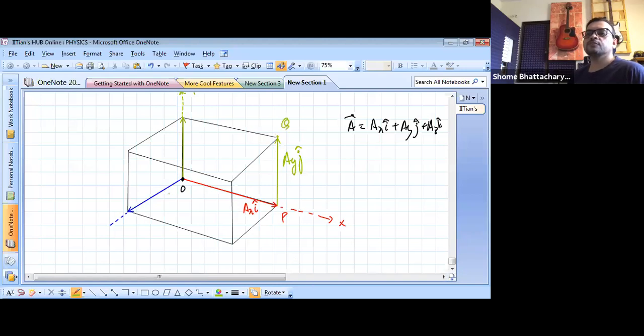And then from Q, I have to make a displacement along the z-axis of Az. So I have to make a displacement which is actually parallel to this line, but from here. So I'll be making a displacement which will now from Q lead me to this point. So this displacement is now my Az k cap. So I have reached this corner, which is, let's say, R. So what is my resultant displacement now?